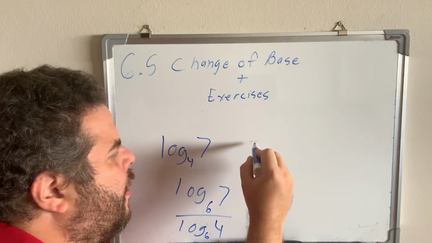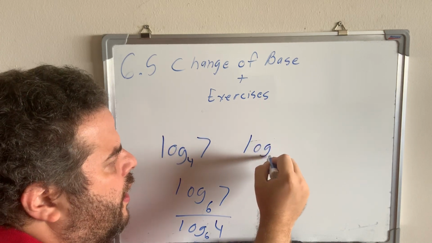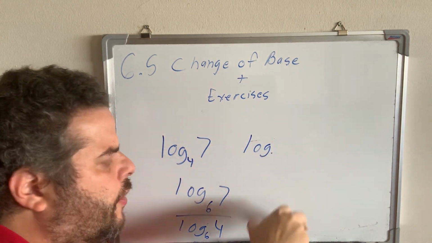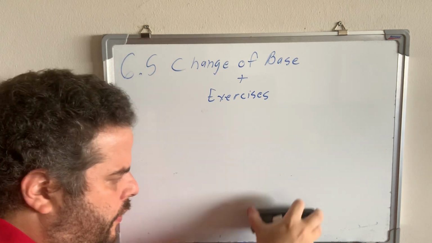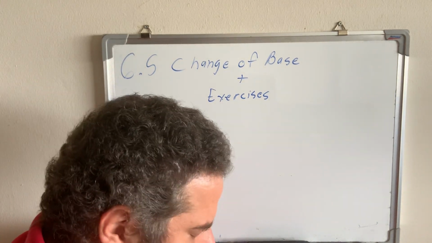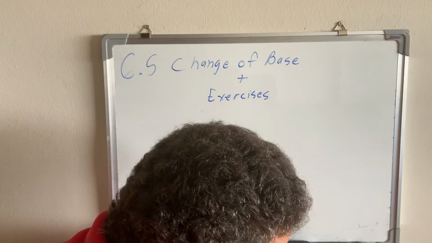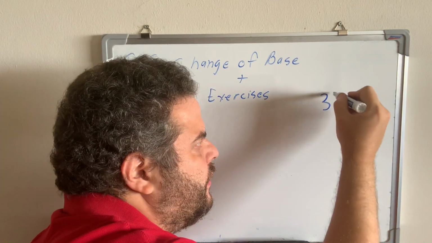What I can do, however, is just calculate it using a calculator. You'll see later how it fits in. I'm not going to get into that now. I'm going to go ahead and do from 33 to 38.